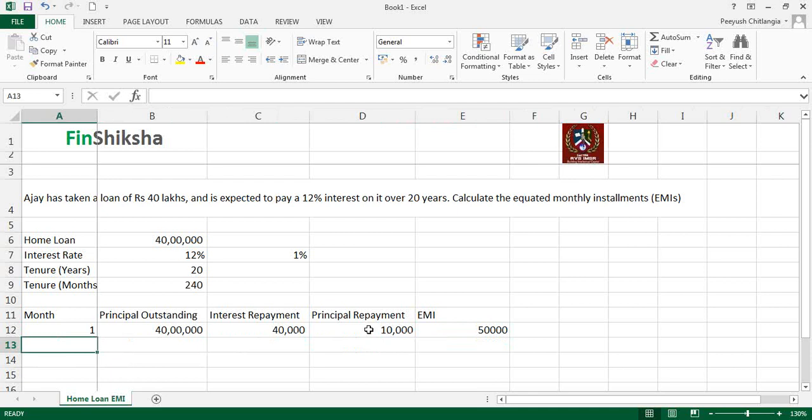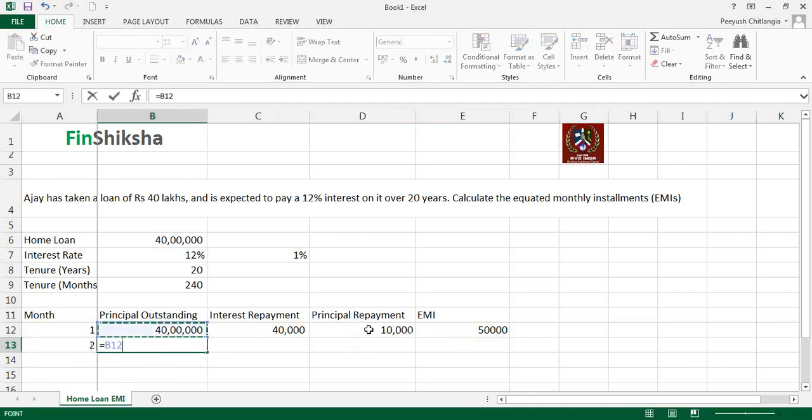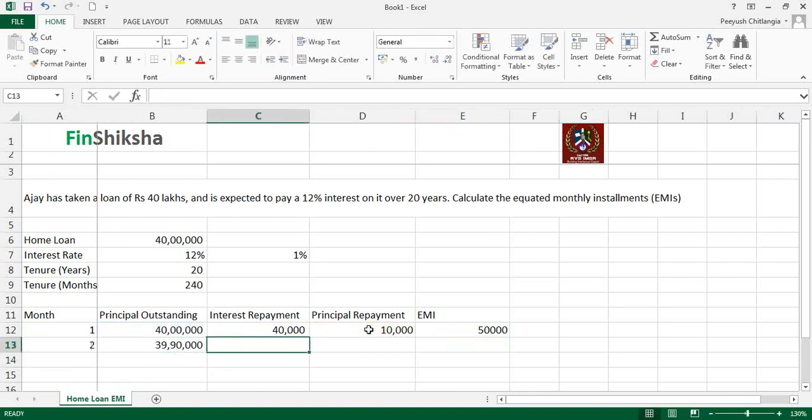At the end of the first month or beginning of the second month, the principal outstanding is 40,000 minus 10,000. So when you calculate the interest, this time the interest is 1% on the principal, which is 39,900 now, right? 39 lakh 90,000, right?